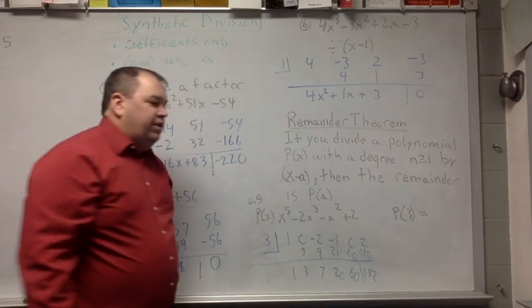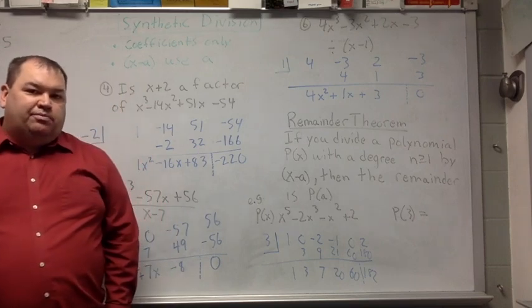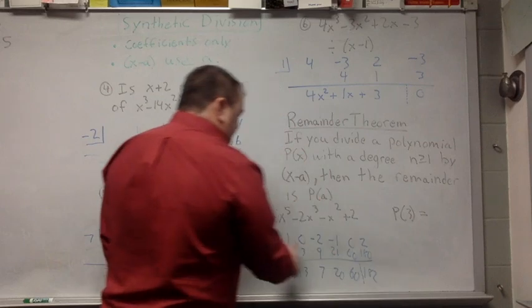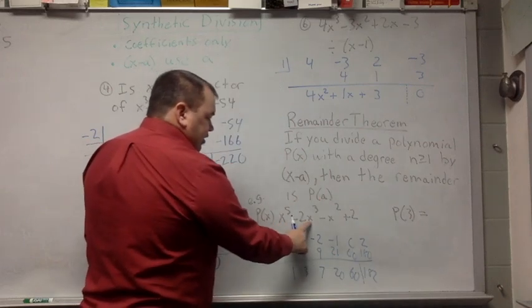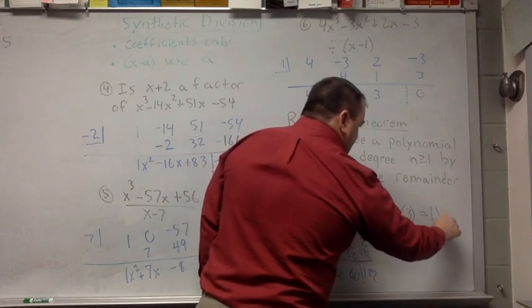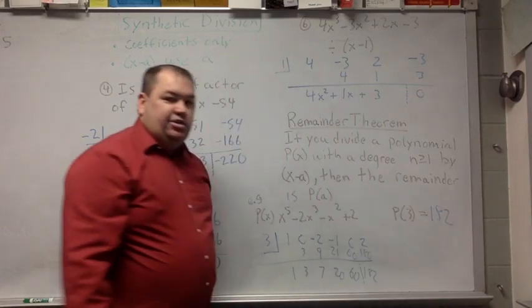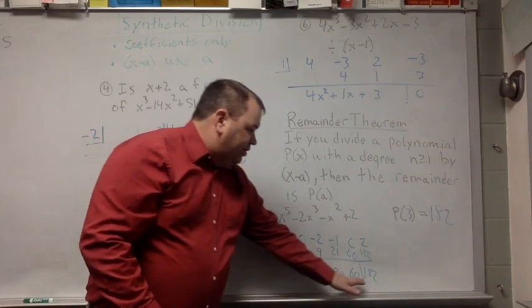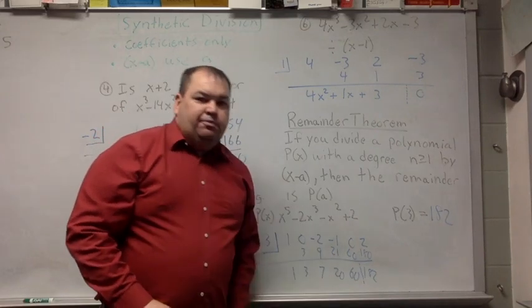But now I'm only really concerned about the remainder. If you would take 3 and plug it in here, here, and here, you would get 182. The same thing I got by doing synthetic division and getting my remainder.